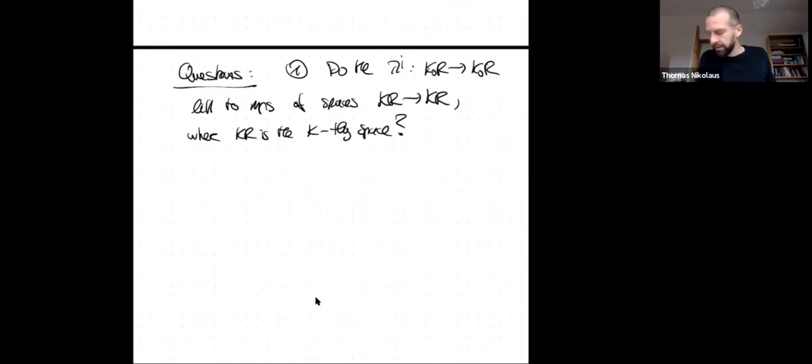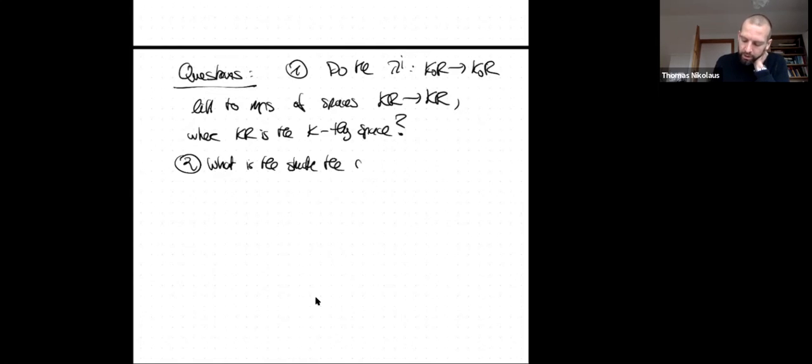But maybe I want to present a way of thinking about that, which is a little bit more along the lines of functoriality in the highly structured sense. This is related to the following: if yes, and the answer will be yes, what is the structure the operations lambda I encode on KR, the K-theory space?